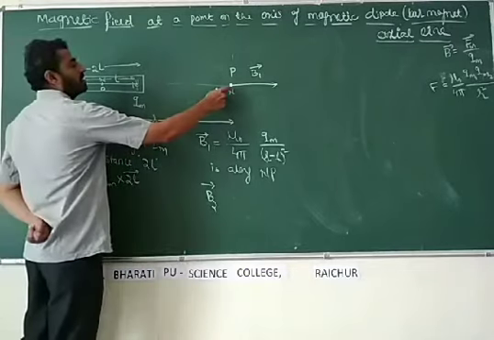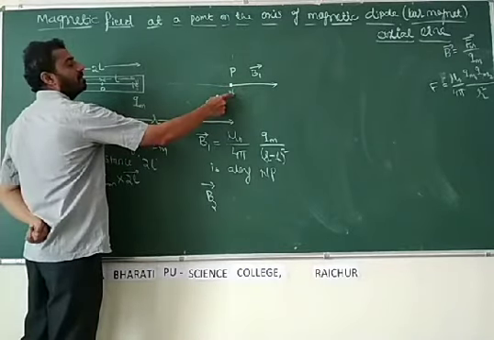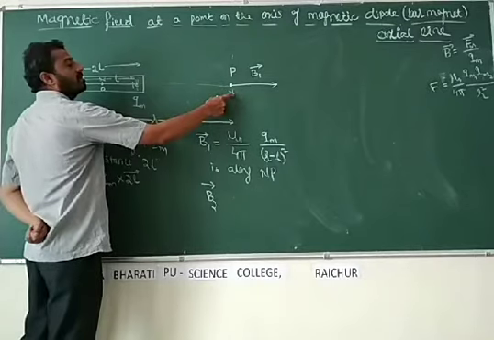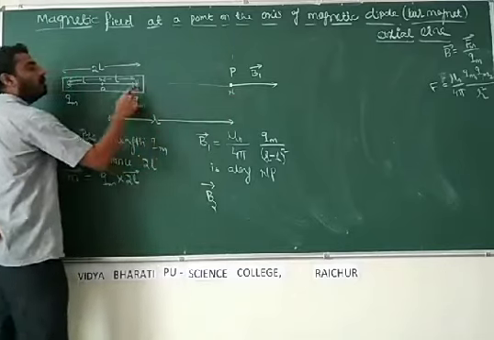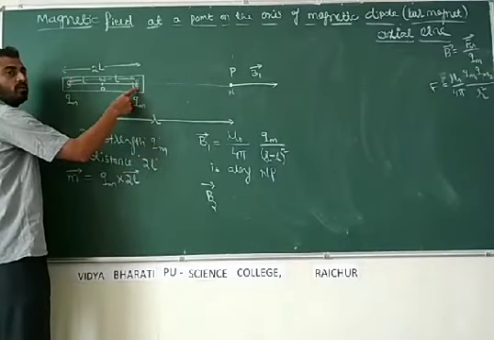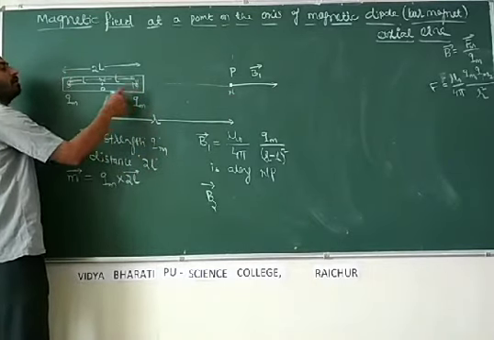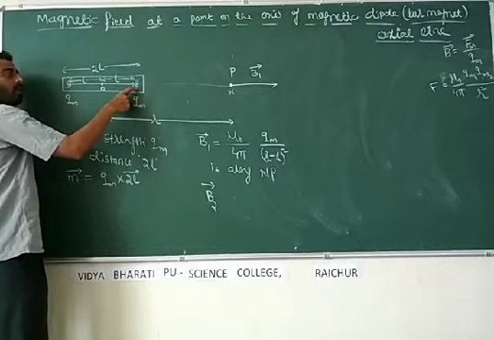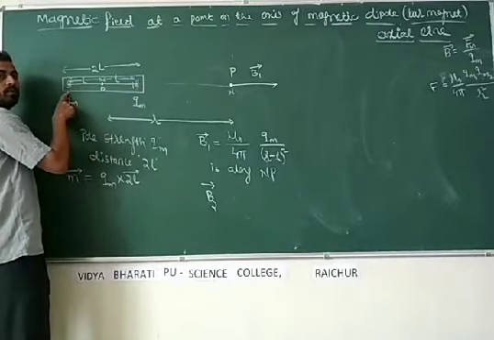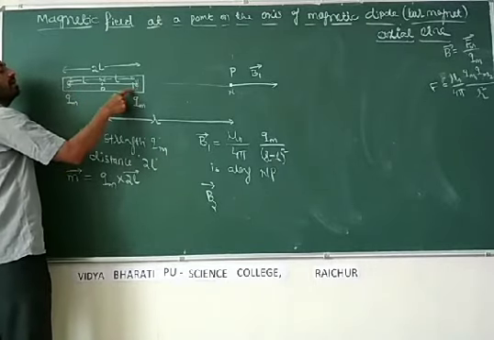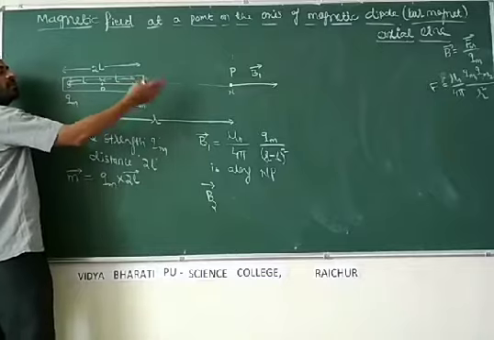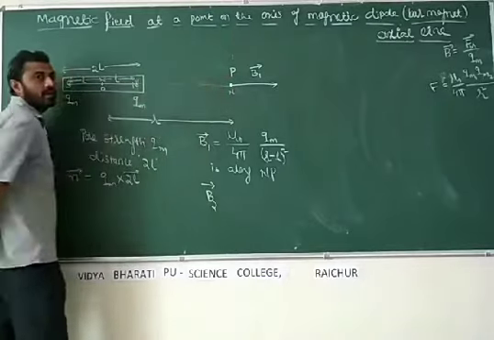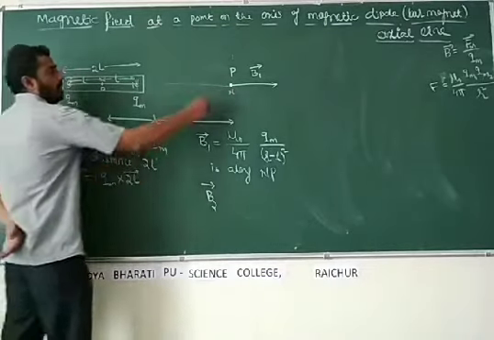When I consider this test north pole here, it experiences a net force, which is not only due to this north pole but due to the forces by two poles, this north pole and also this south pole. Both these poles are offering their forces on this test north pole.